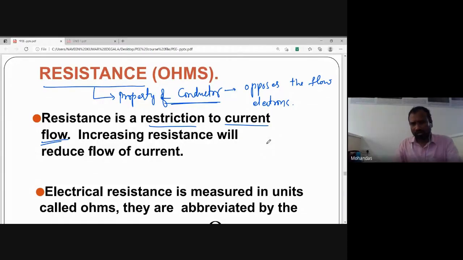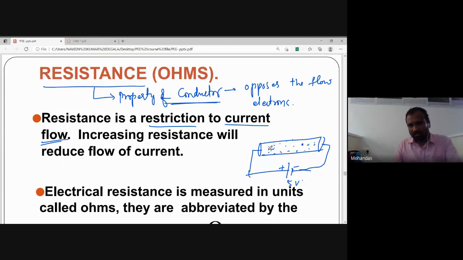Likewise, if you take a copper conductor, there are so many electrons in it. And if you apply a 5 volts battery with the help of wires, then these electrons are moving in a loop. Now you can understand, this is called a loop.